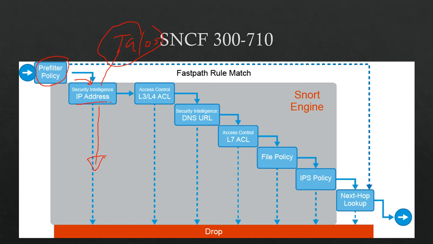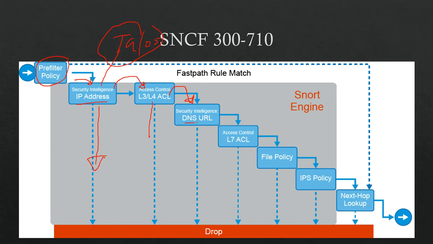Great. If it passes, then it will go to the next level, the access control policy. This is the layer 3 and 4 access control policy, our normal policy, ACP. If it's not allowed by the ACP, drop. If it's allowed, then go for another security intelligence.